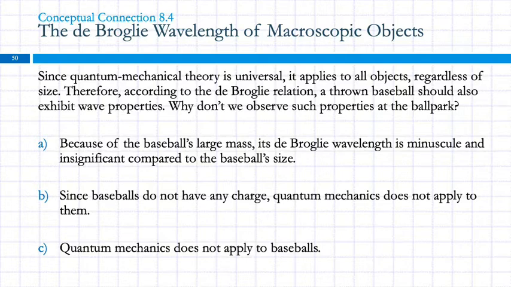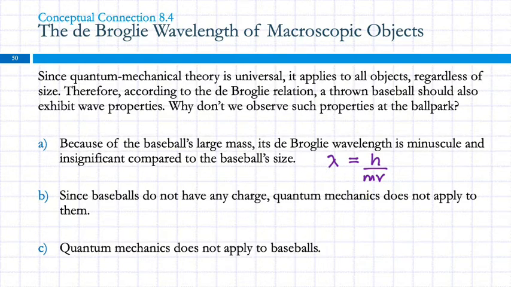Because of the baseball's large mass, its de Broglie wavelength is minuscule and insignificant compared to the baseball's size. Well, is that true? The wavelength is equal to h over m times the velocity. So if the mass is big, what does that do to the wavelength?